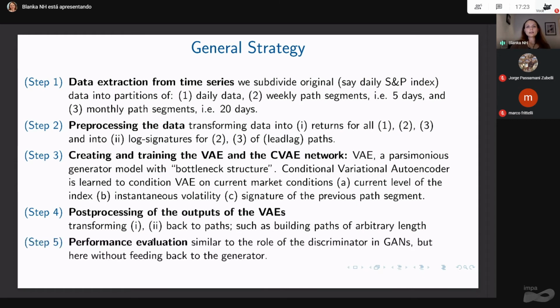And then the last step is this question of the performance evaluation metric. For this last step I have in mind the GAN approach, where the generative network produces some output, and then there should be some kind of evaluation of how realistic this path is, or this set of paths is, that the generative network has produced.